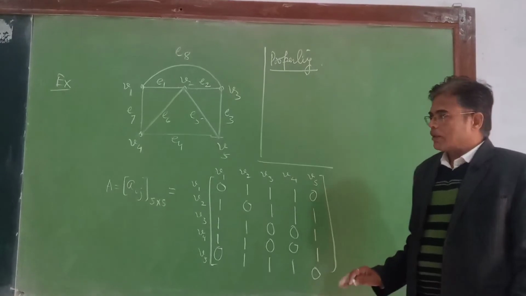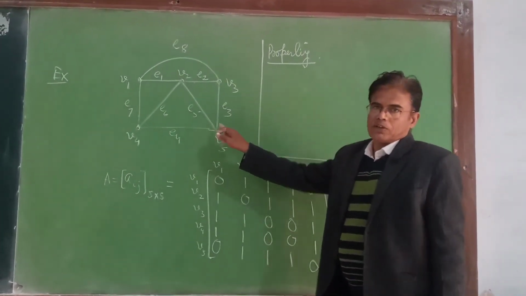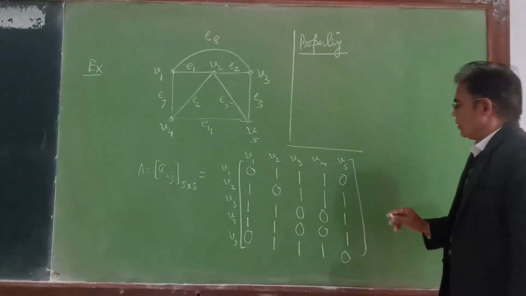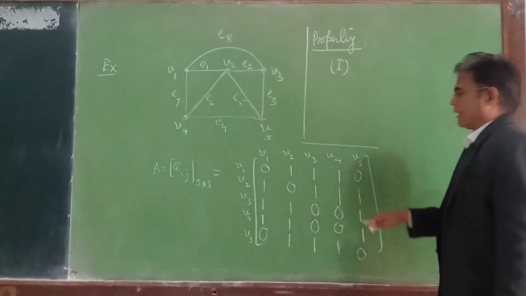Okay, now some important properties of the adjacency matrix. You see very carefully, here this is an adjacency matrix. The first property is that this matrix is a symmetric matrix.